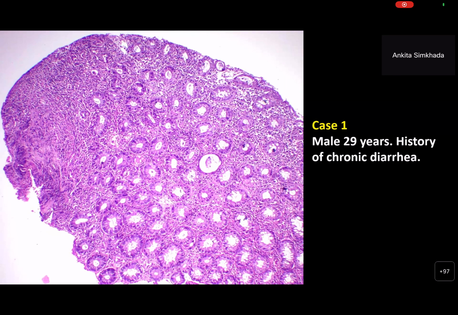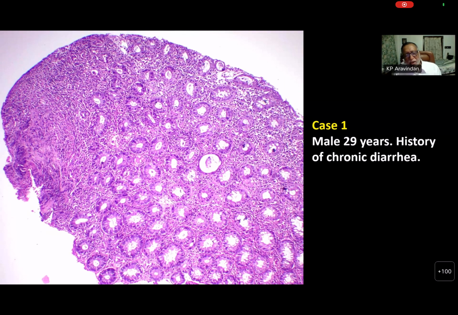The surface epithelium may not come in all biopsies. This is a mucosal biopsy. Sometimes the surface epithelium may not come, and what may look like ulceration may not be real ulceration, because the cut occurs below the epithelium. It may not be that, but something more. What do you think about the cellularity?